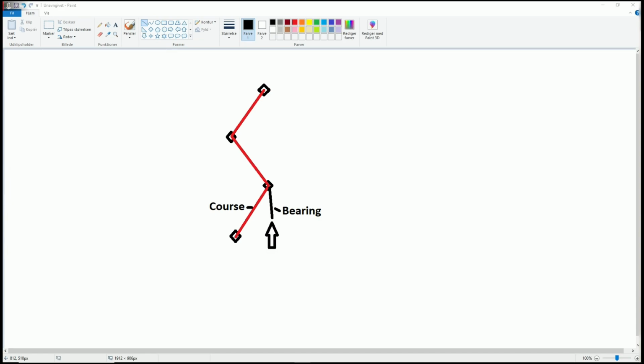My plane is here, and if I select the bearing needle to waypoint 2, I will get a direct line, the shortest possible line to my selected waypoint. If I choose the course needle, it will show me the shortest possible way to intercept my course and then move up to my waypoint.